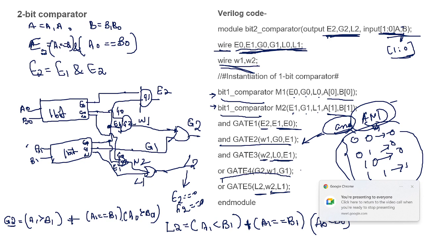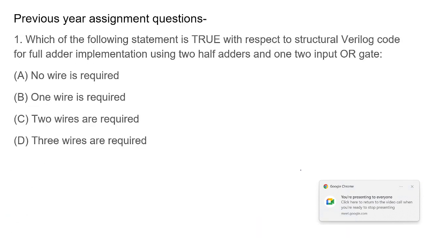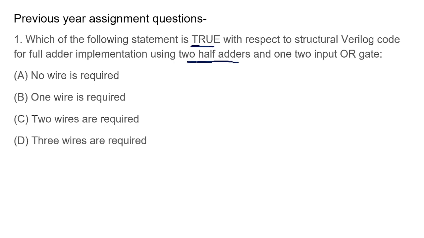So let's proceed with some of the previous year assignment questions. Which of the following statements is true with respect to the structural code? A full adder implementation using 2 half adders and a 2-input OR gate. How many wires are required to implement a full adder using 2 half adders? 3, madam.